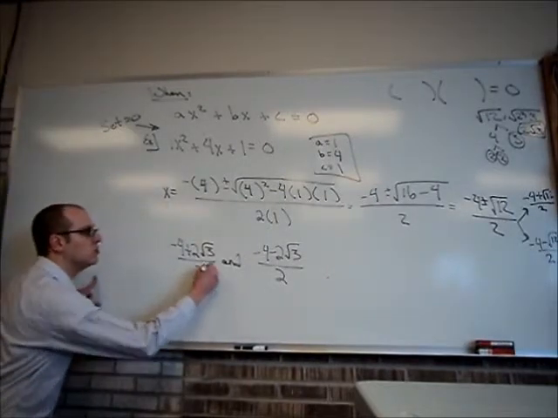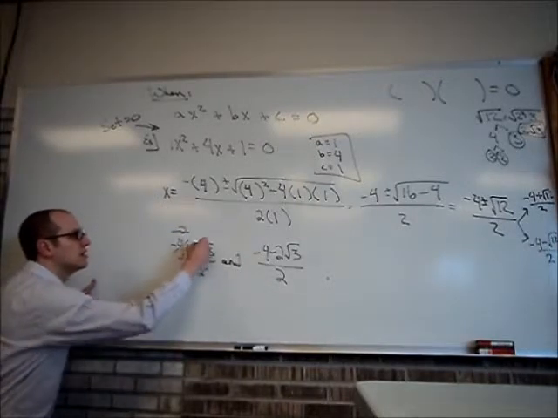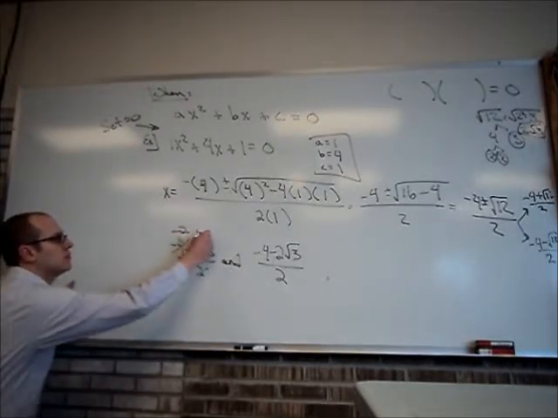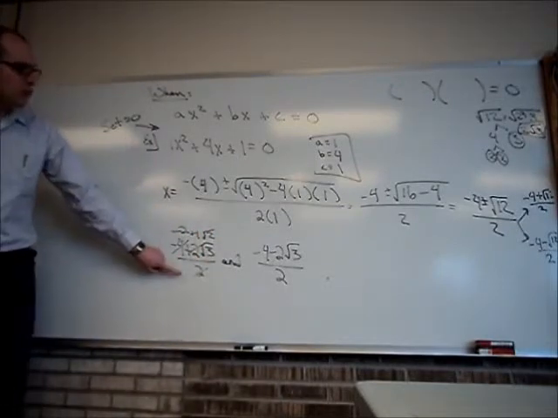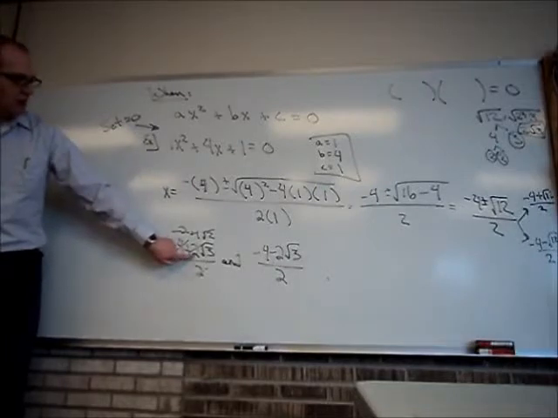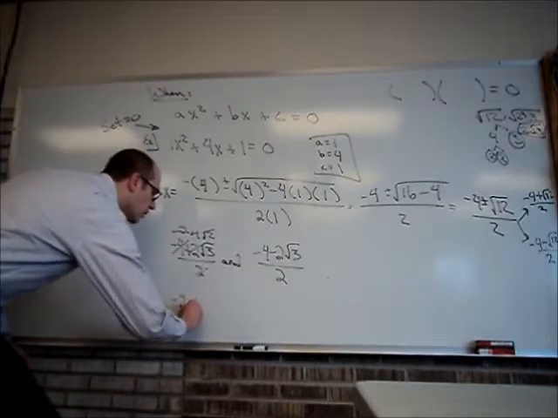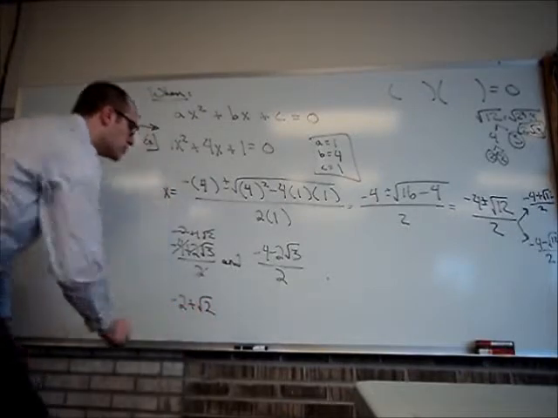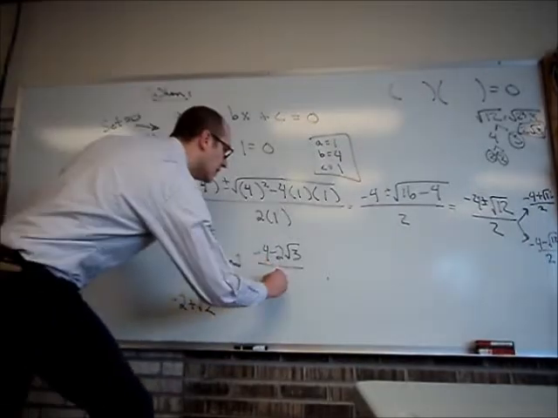Division by 2. 2 divides into 4. 2 divides into 2. So what happened is we could physically divide by 2. Divide by 2 here, divide by 2 here. This leaves me with negative 2 plus 1 square root of 2 is just square root of 2. And likewise, over on the other end, division by 2 can happen there.